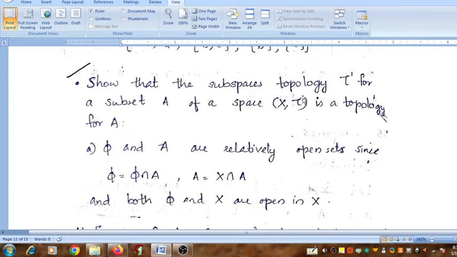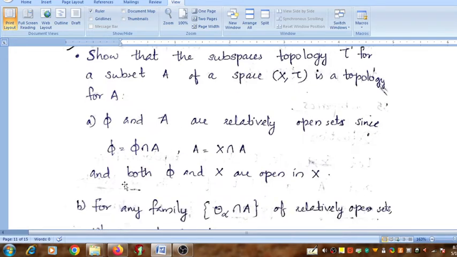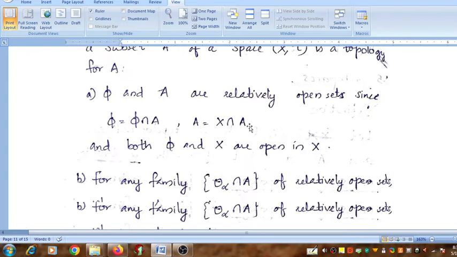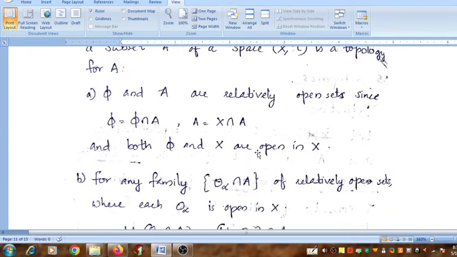So by taking X's intersection with A, we get A as the answer. So A is present in tau prime. Thus both phi and A are present in tau prime. That means they are open sets with respect to the subset A.